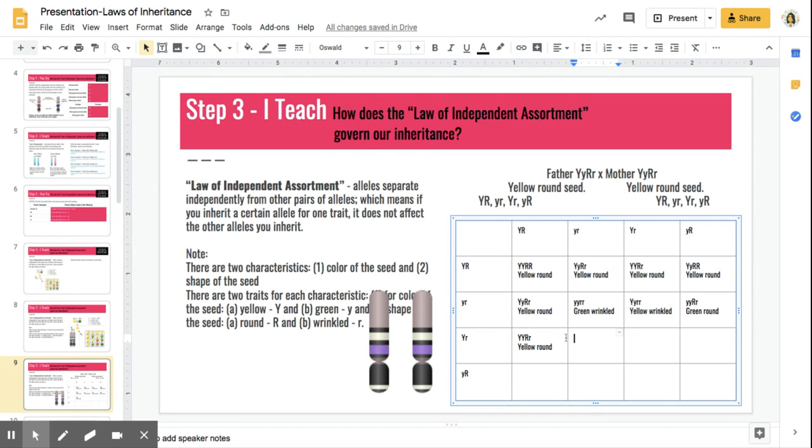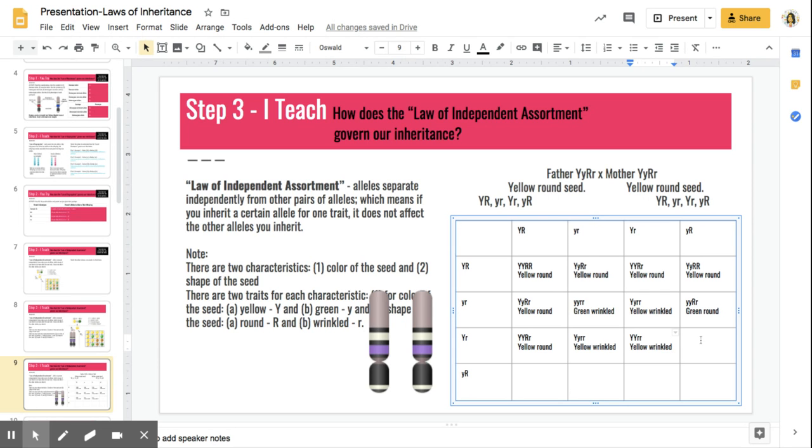Recessive, dominant, heterozygous. Again, the capital letter comes in first. And then recessive for R, homozygous recessive. So we have yellow, wrinkled. Dominant, dominant, homozygous dominant, recessive, recessive, homozygous recessive. So we have yellow, wrinkled seed.